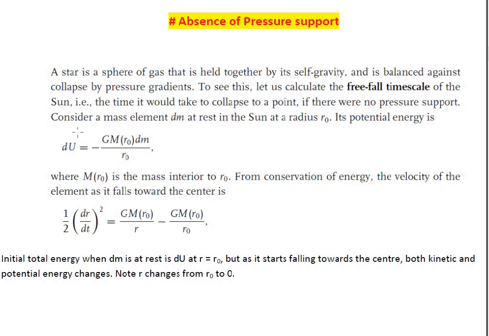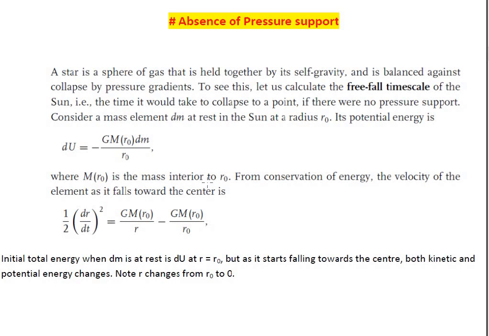Okay, so let's again start. Let us consider a small mass element dm which is at rest initially at a radius r0. What's the potential energy? Of course, this is the potential energy. Where what is this M(r0)? This is basically the mass interior to r0. Now let us apply our good old conservation of energy.